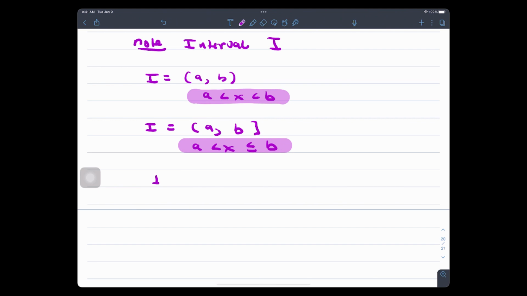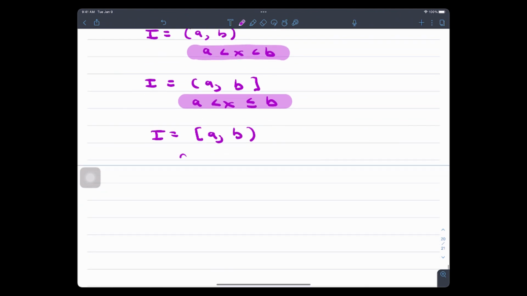The last interval you can see is, well, not the last one, a to b. Now you include the endpoint a, but not the endpoint b. So this is the meaning of those particular intervals, okay?